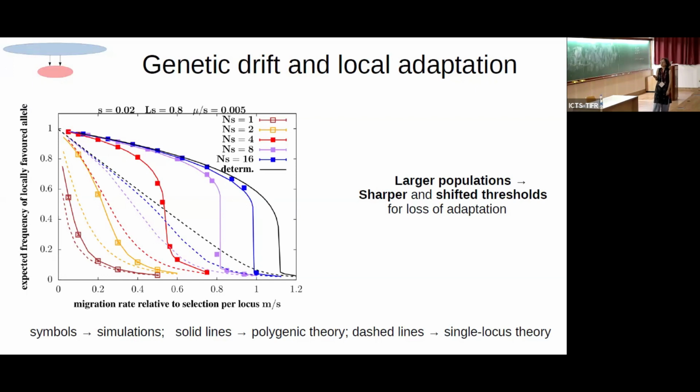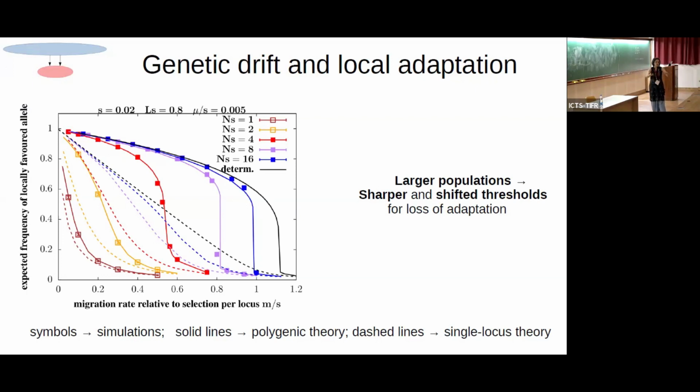Again, one sees that as you have larger populations, selection is more efficient at the level of individual loci, but also these collective effects become stronger; that is, you have sharper thresholds.